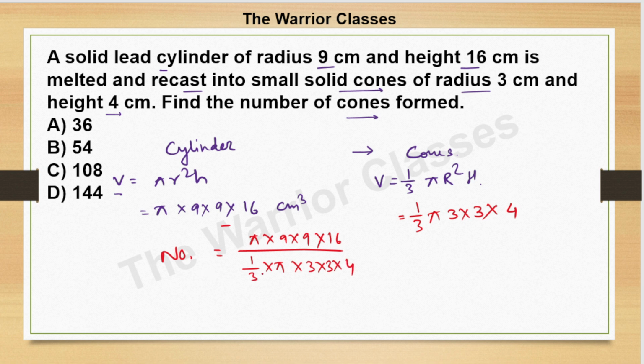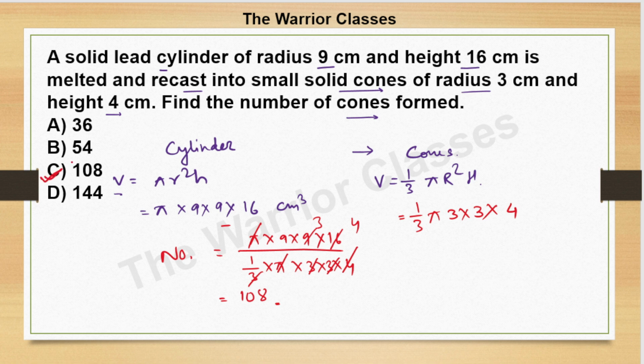Now we can cancel 3 and 3, we can cancel pi and pi. Now in the numerator we have 3 multiplied by 9 is 27, and 27 multiplied by 4 is 108, right? So 108 cones will be formed. So option number C, 108, is our correct answer.